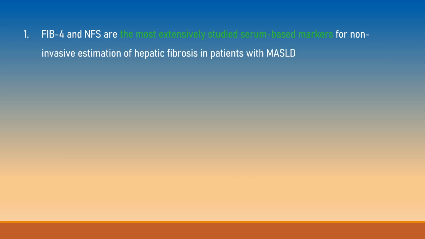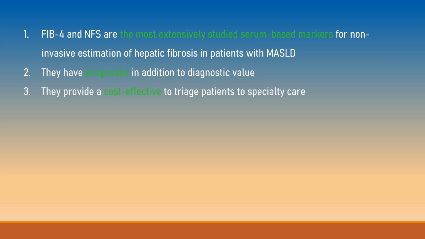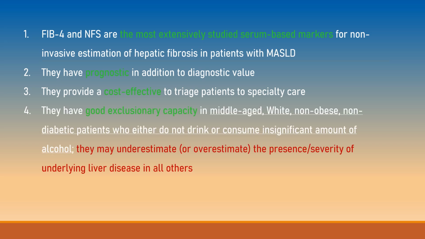FIB4 and NAFLD fibrosis score are the most extensively studied serum-based markers for MASLD. They have prognostic in addition to diagnostic value. They provide a cost-effective way of triaging patients to specialty care.